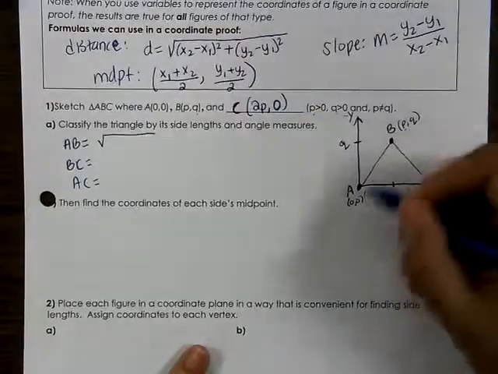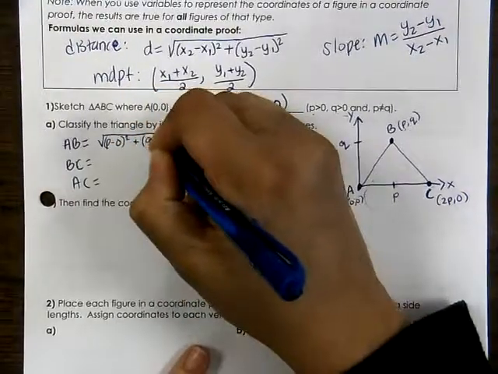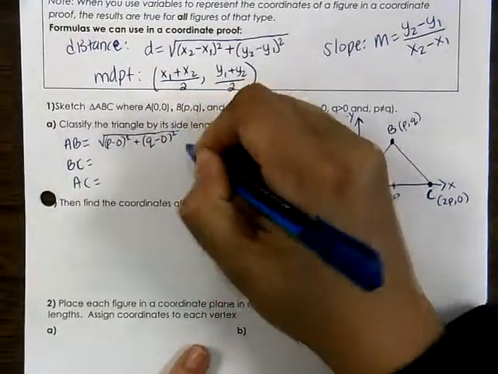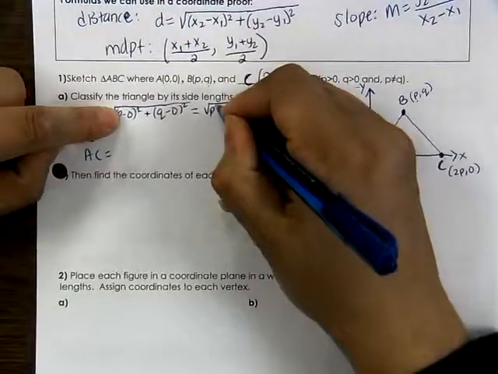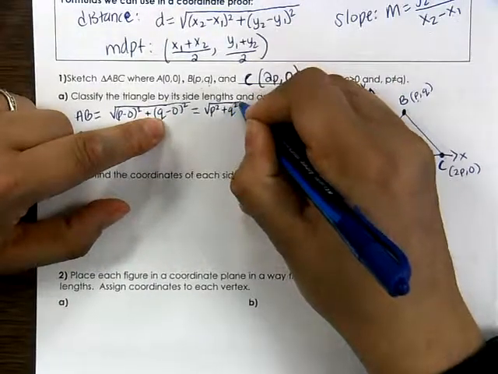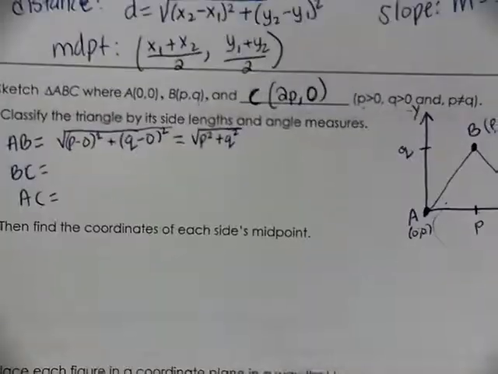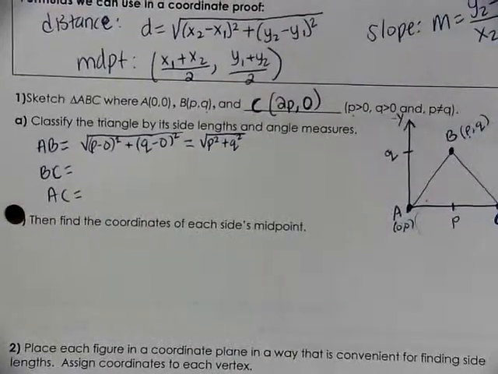Subtract your x's, p minus 0 squared, and subtract your y's, q minus 0 squared. It equals, when you're simplifying this, p squared plus q minus 0 is just q, so q squared. Now here's an important piece here. A lot of times people look at that and say, well, should I go further? Should I write that as p plus q?